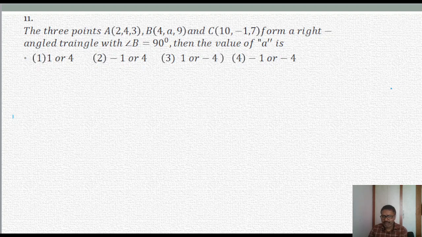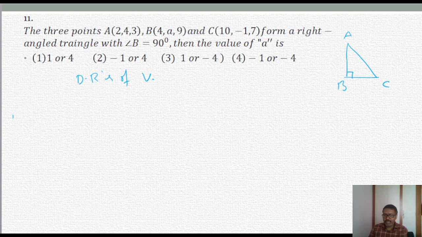They are talking about a right angle triangle, and they have given it is right angled at B. Then the value of a is, see, however you want, you can solve to find the value of a. You can find lengths AB, BC and AC and use Pythagoras theorem, but the easiest way is finding the direction ratios of vectors.